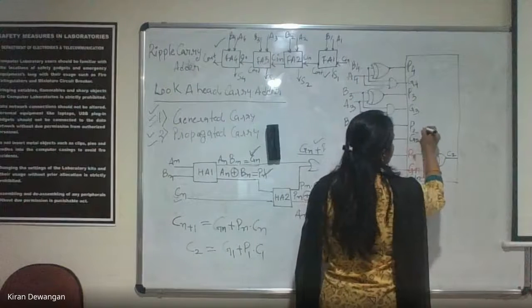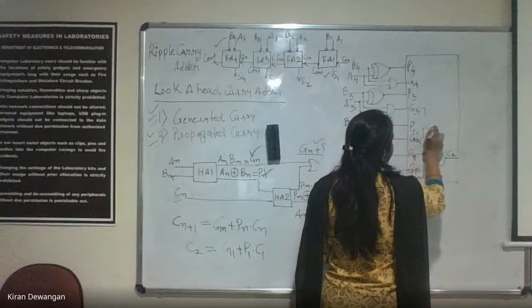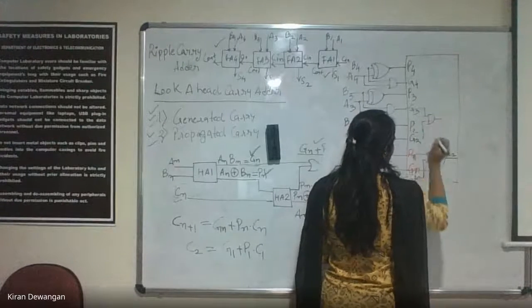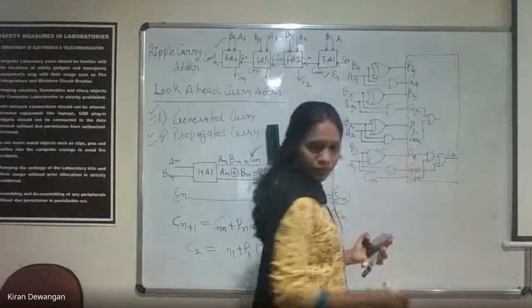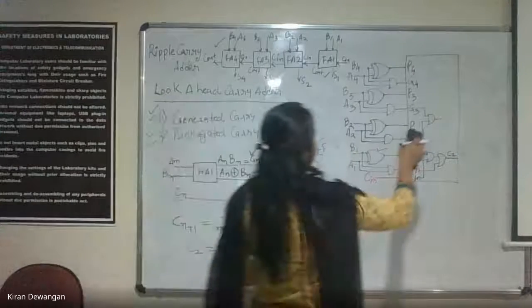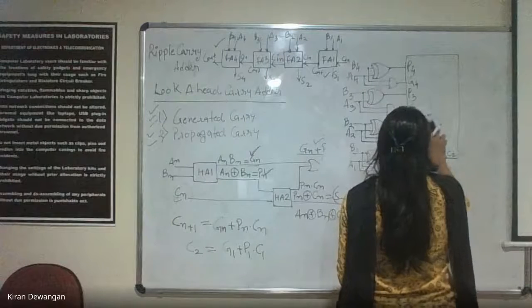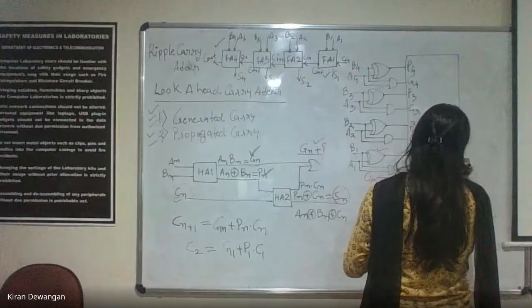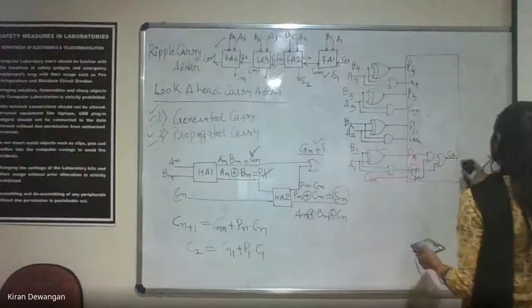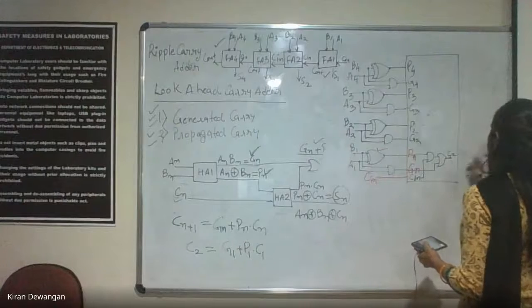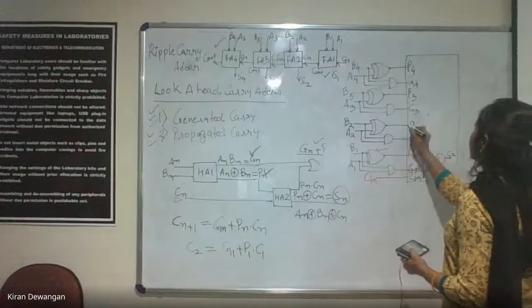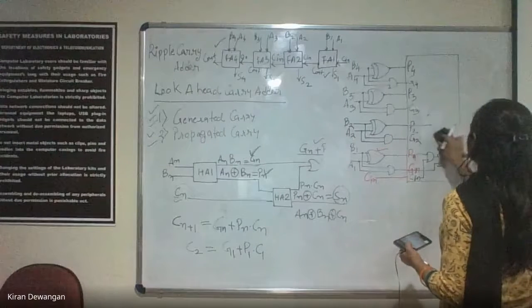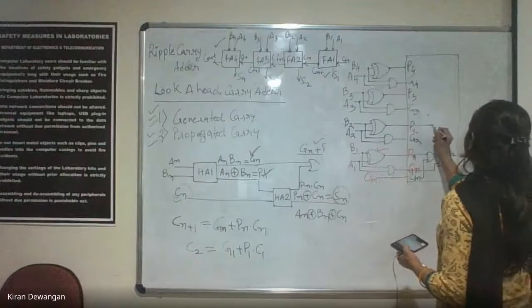These two get ANDed. And the output, sorry. C2 से लेंगे. This is our C2. From here we'll be getting C2. C2 is taken and this gets ANDed.